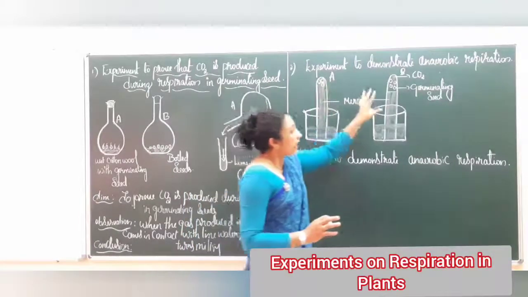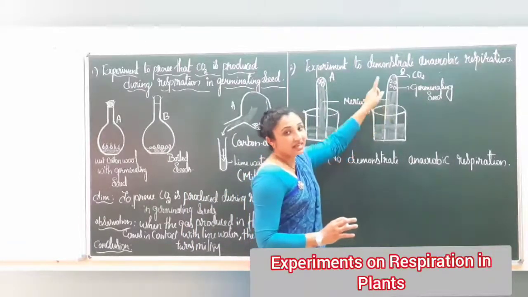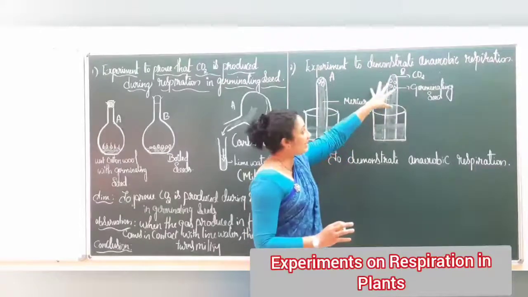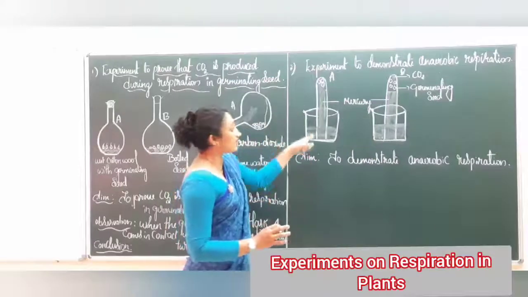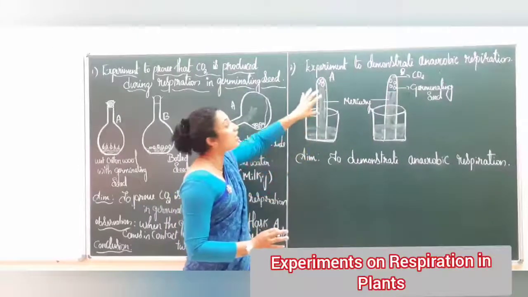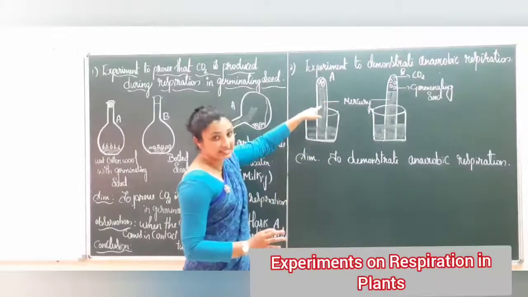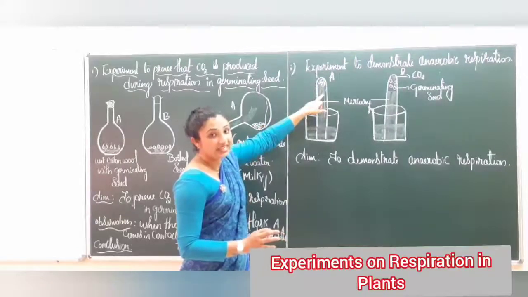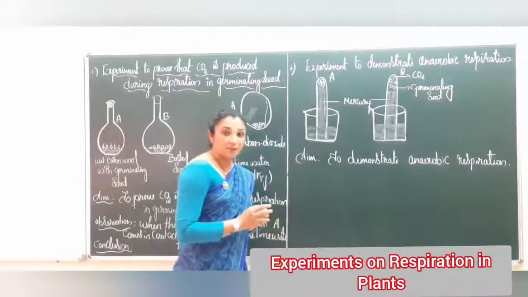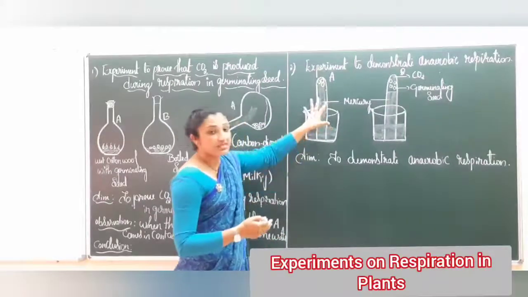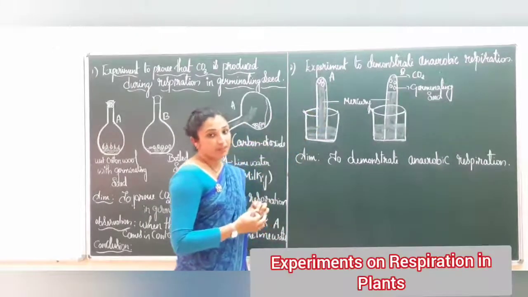The actual original setup is taking germinating peeled seed in a test tube containing mercury. The control setup for this experiment is taking boiled and killed seed in another test tube containing mercury. That will be the control setup of this particular experiment.